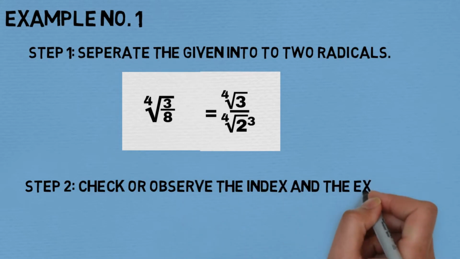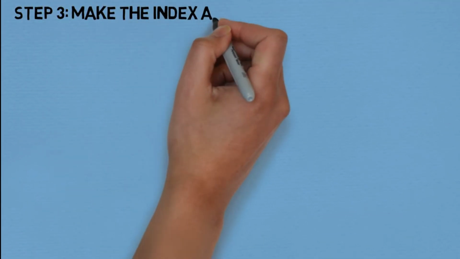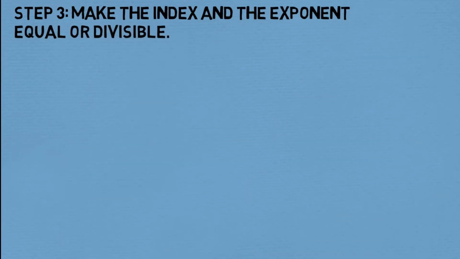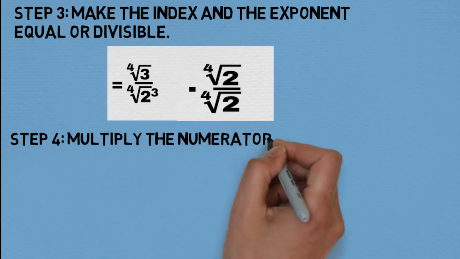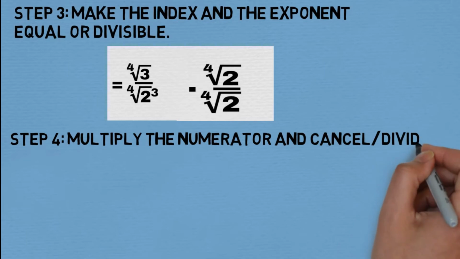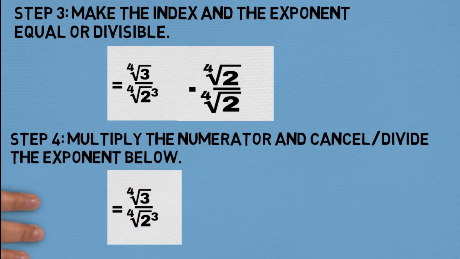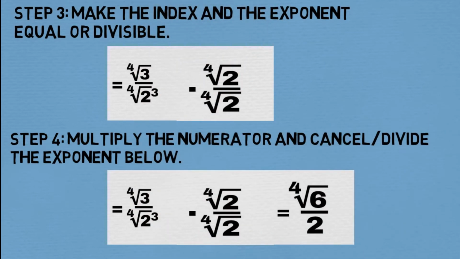Check or observe the index and the exponent of the denominator. Fourth root of 2 cubed. Step 3. Make the index and the exponent equal or divisible. Multiply the fourth root of 3 to the fourth root of 2, and add the exponents of the denominator and cancel it out by the index. The answer will be fourth root of 6 over 2.